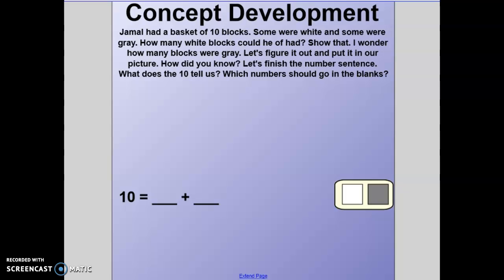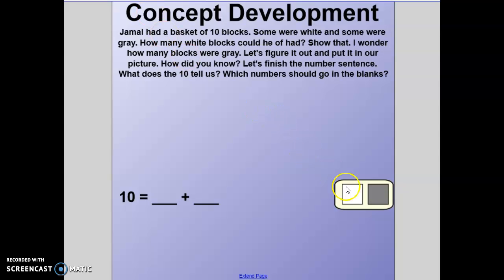He couldn't have had all 10 white because they said he had some of each. But could he have had 9 white ones? Yeah. Could he have had 8 white ones? Yeah. Anything less than 10, but not 0 or 10 because he has some of each.